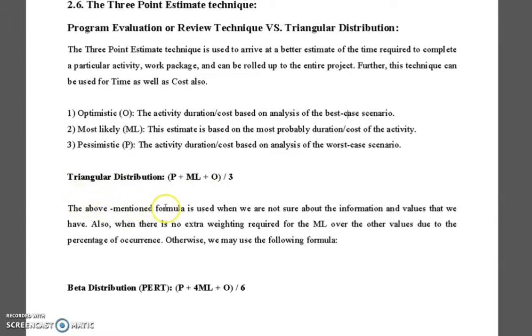The above mentioned formula is used when, be careful, we are not sure about the information and values that we have, which are P, ML, and O. Also when there is no extra weighting required for the ML over the other values due to the percentage of occurrence. Otherwise, we may use the following formula, which is beta distribution.